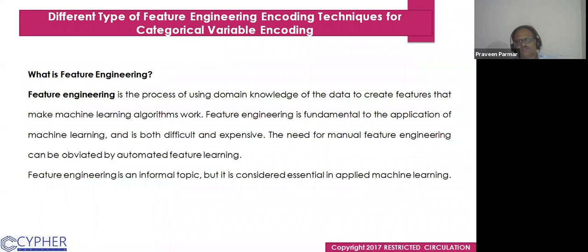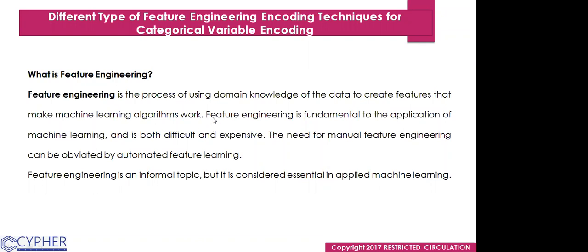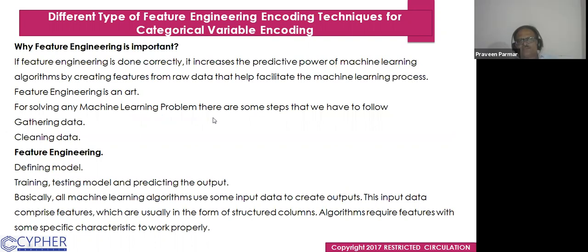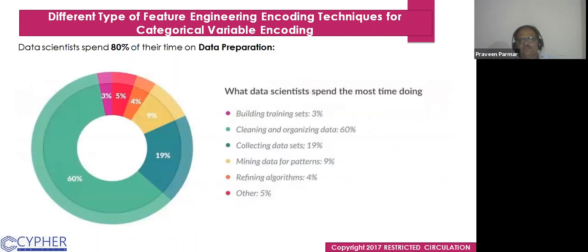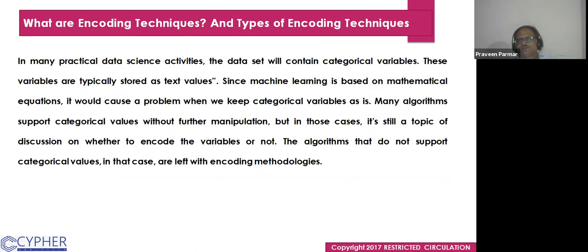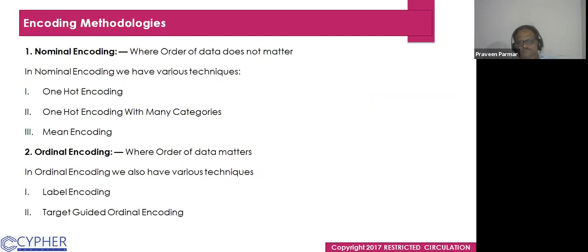What is feature engineering? It's the process of using domain knowledge of the data to create features that make machine learning algorithms work. And everything I have given: why feature engineering is important, and what the encoding techniques in feature engineering are. We are using the dummy variable technique.